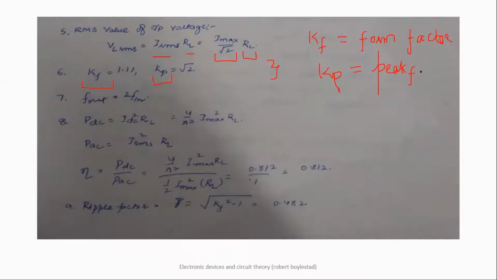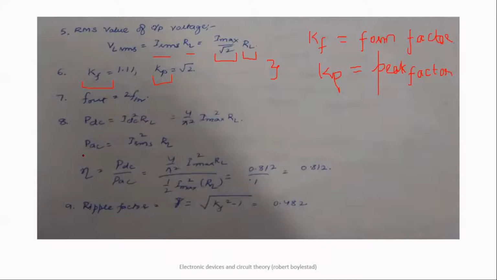These are basically ratios of your RMS over IDC, or something like that. So we will discuss it in the next class or maybe in the later portion of this class.